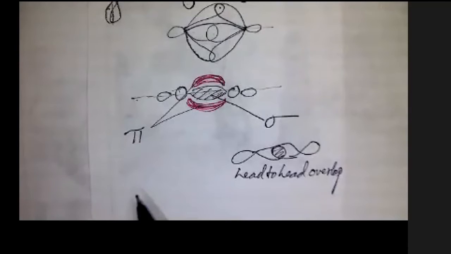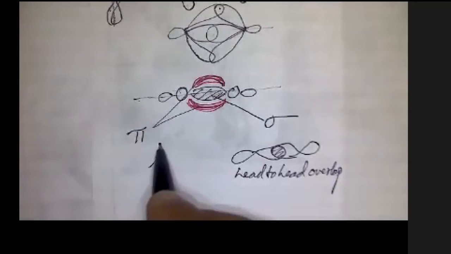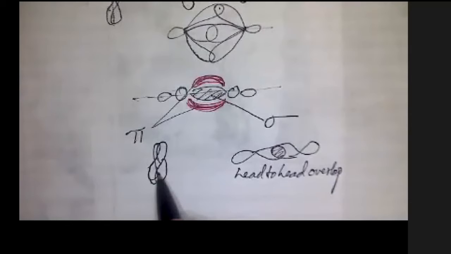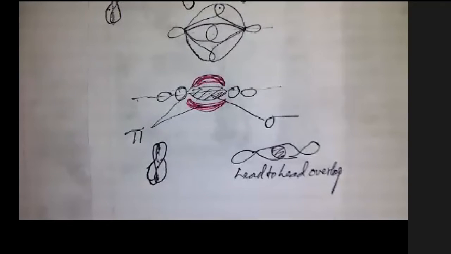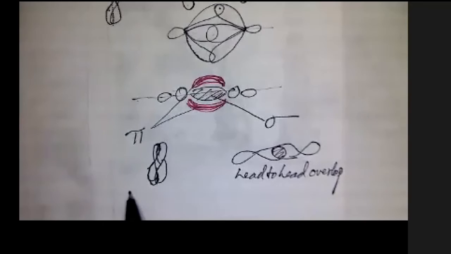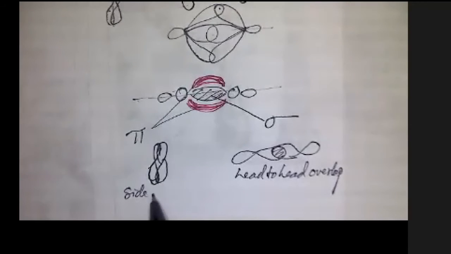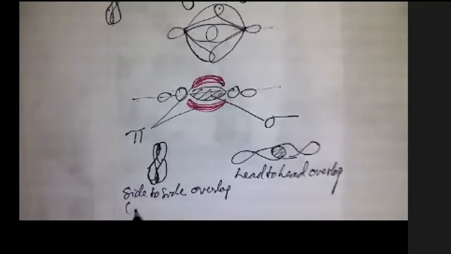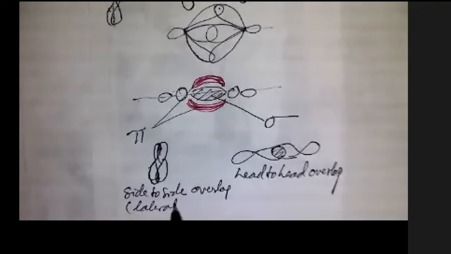Whereas in case of pi, they're overlapping like this way. Isn't it? So the overlapping is different here. They're overlapping sideways. So this one, side to side overlap. Or you can also call it lateral overlap.